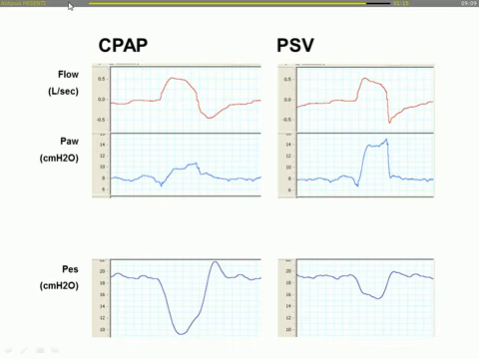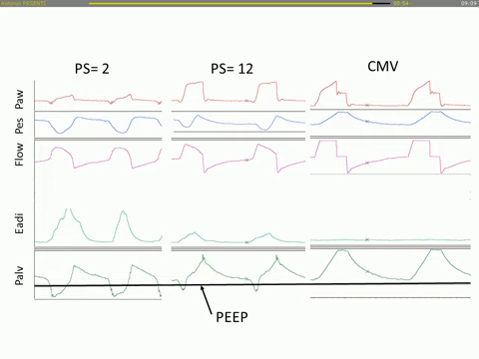The higher the support, the smaller the effort that we require from the patient. So the smallest support, CPAP, causes the biggest drop in intrathoracic pressure. And the higher the resistance, the lower the alveolar pressure.